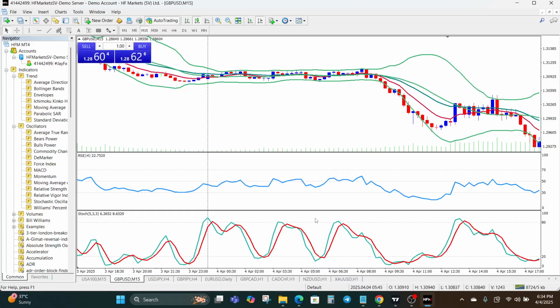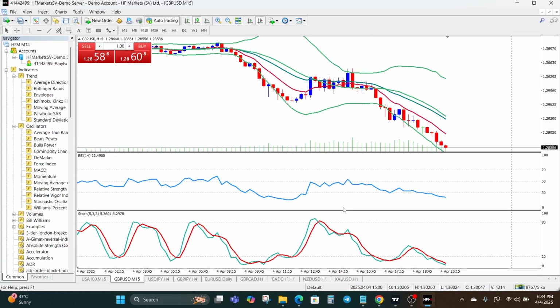It helps identify short-term reversals and confirms RSI signals. Look for crossovers below 20, which is oversold, or above 80, which is overbought, for potential entries or exits. Pairing the RSI and the stochastic can add an extra layer of confirmation to your scalping decisions.